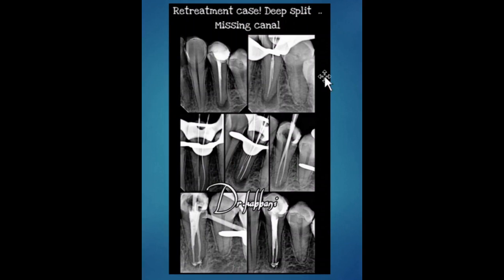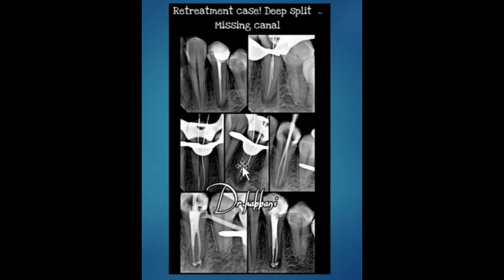Then I started the retreatment of the tooth that I treated 6 or 7 years ago. So I was focusing on finding the missing canal. And it took me like 3 visits to find the missing canal. And we can see here in the second row how I located the canal.